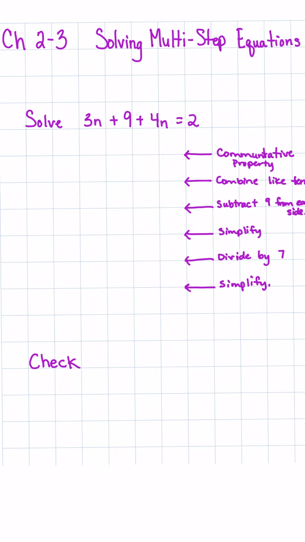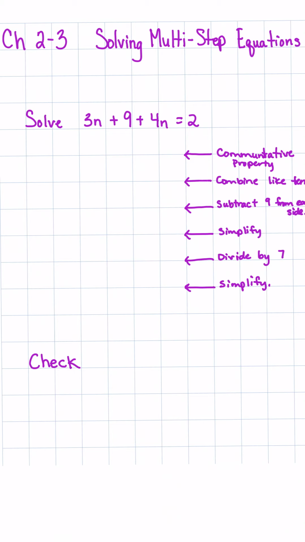So we're going to start out by solving 3n plus 9 plus 4n equals 2. The first thing we want to do is use the commutative property. That means we are able to move the terms around so that we can combine like terms.